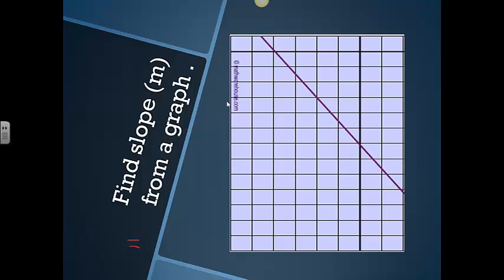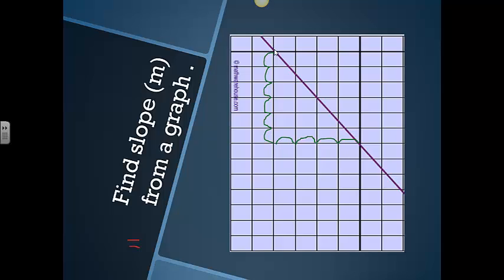All right, on this one, I have no points marked, but I can clearly see where it crosses the x-axis and where it crosses the y-axis. So I'll make those be my 2 focus points. All right, so I'm going to start where it crosses the y-axis. So I'm going to count my downward. 1, 2, 3, 4, 5, 6.